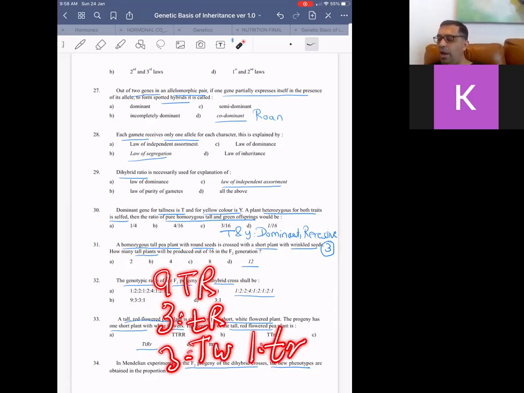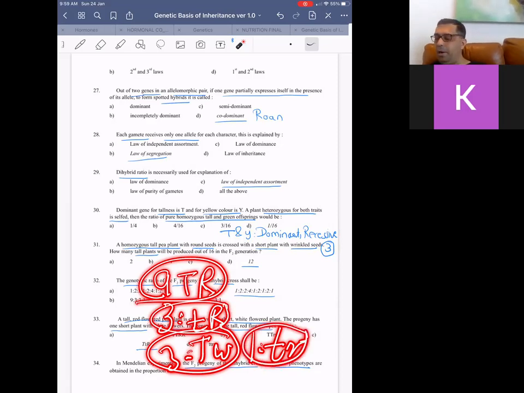So how many did you get tall and round? 9. How many tall and wrinkled? 3. How many dwarf and round? 3. How many dwarf and wrinkled? 1.